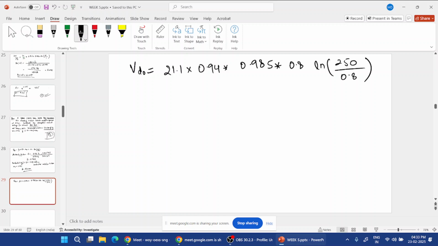Give me the value. Let me see how many of you are attending, not just present here. Use your calculator.